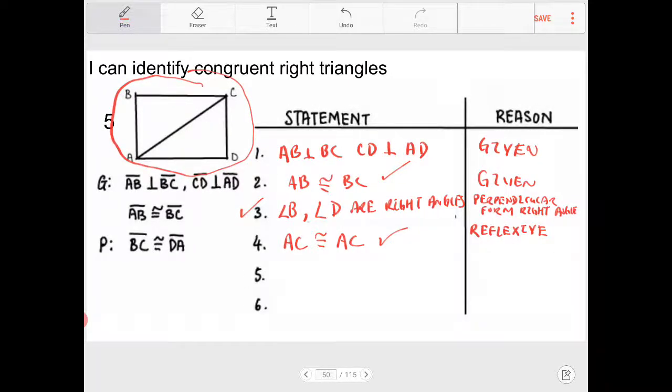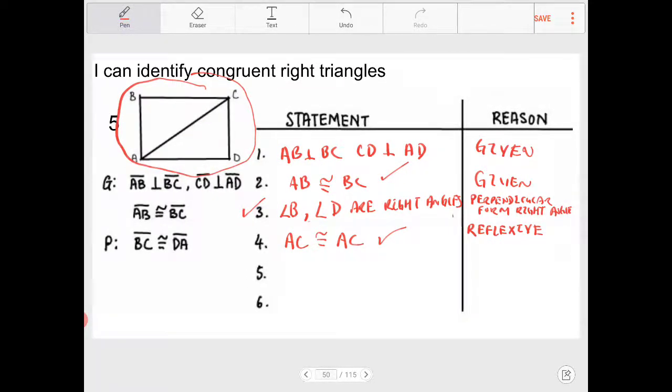This is enough for me to declare that triangle BAC is congruent to triangle DCA, and that is because of hypotenuse leg. I can then therefore declare that BC is congruent to DA because of CPCTC. And that's it.